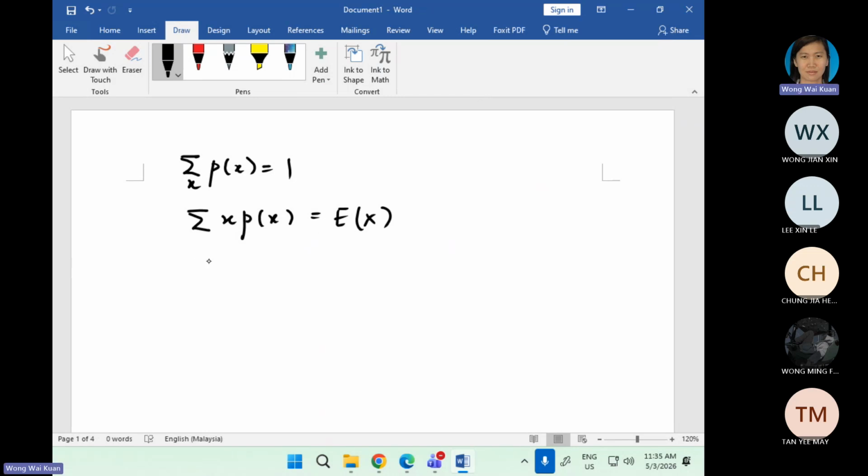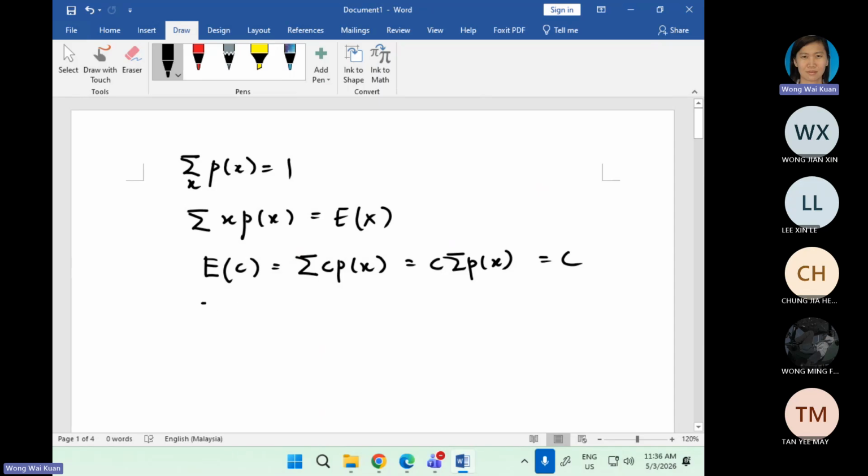Okay, so now when we have E of C, that means you sum C multiplied with Px. Because according to this, as long as anything, you just put it in. So when you have a sum, then you can take out the C, right? But the sum of Px is 1, so that's why I have a C.